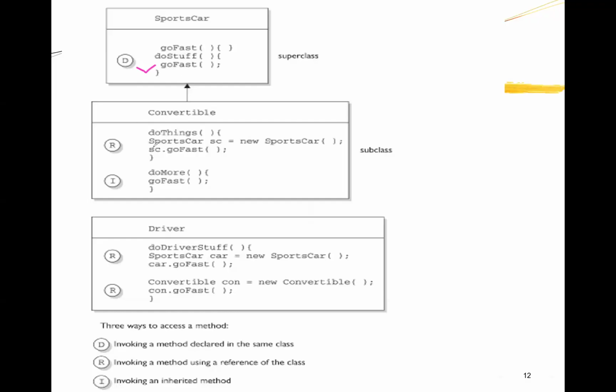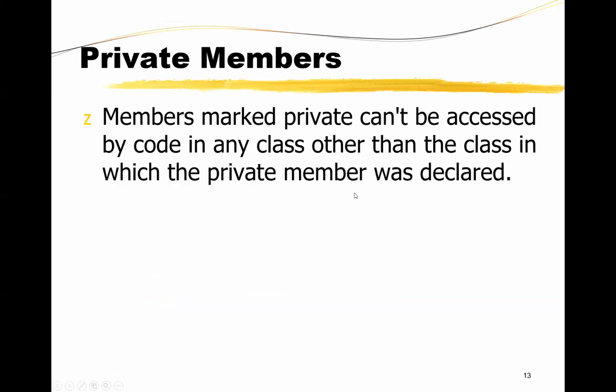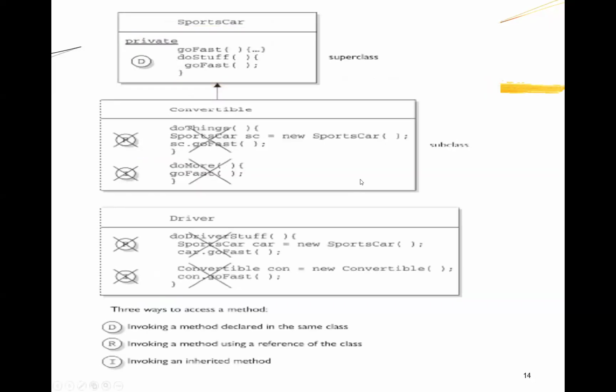But if you are trying to access the go fast method from another class, you cannot. Why? This is private. Private means only within the class. You are trying to access go fast, cannot. Therefore, remember, if it is private, only within the class itself.